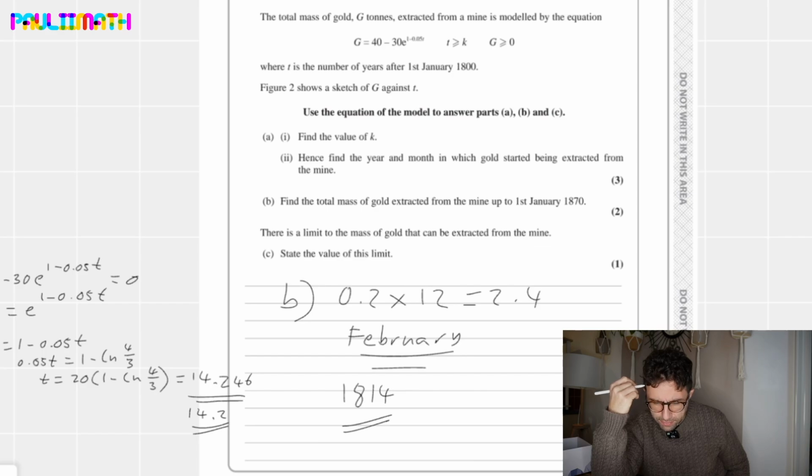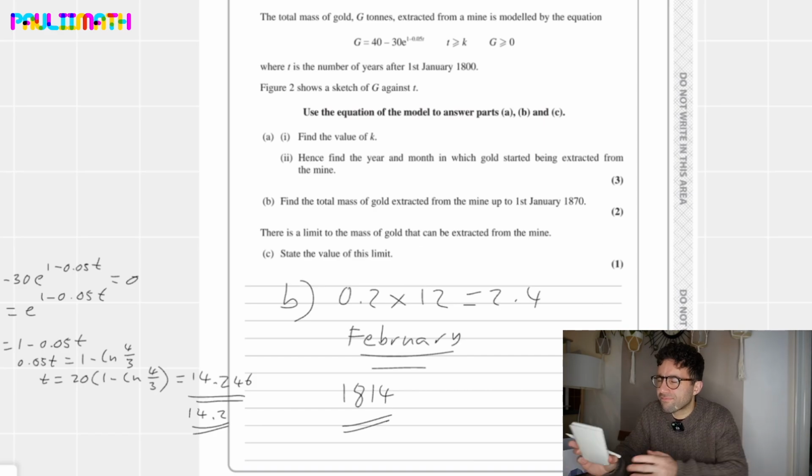Hence find the year and month in which the gold started being extracted. First of January, let me just think about that. 0.24, should we have kept the 24 there?